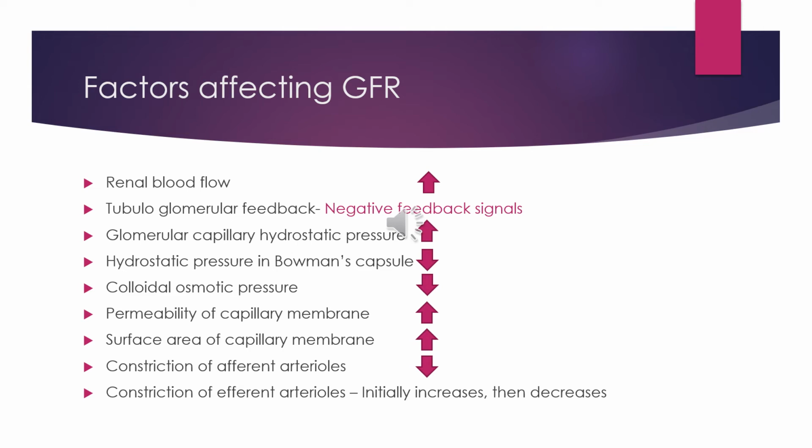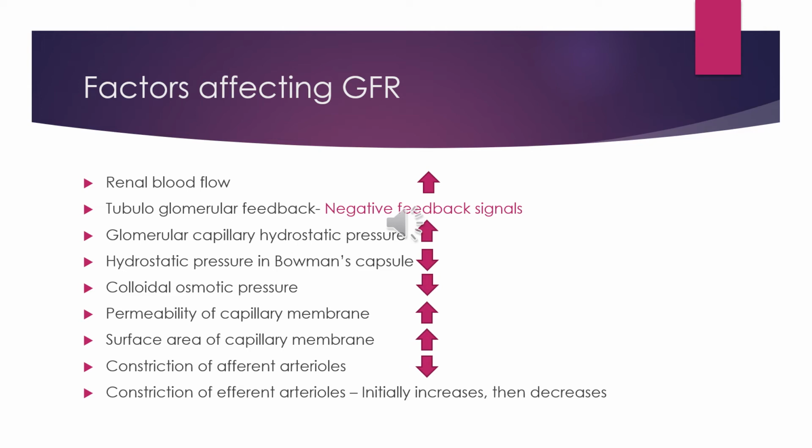Next is tubuloglomerular feedback. Actually, we have discussed this in earlier sessions. So tubuloglomerular feedback works with negative feedback signals. The macula densa in the juxtaglomerular apparatus senses the load of sodium chloride in the tubular fluid.